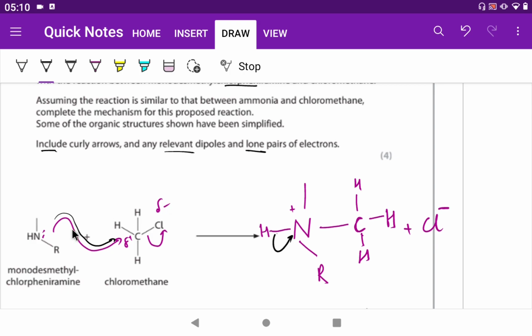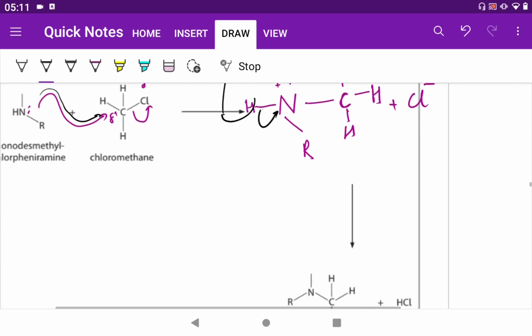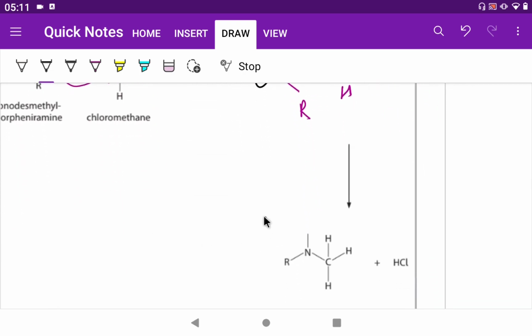When this attack happens, nitrogen forms 4 bonds, therefore 1 plus comes on the nitrogen, and after that this bond is given to nitrogen and H plus is removed. Now this H plus combines with this Cl minus to form HCl, and this product is formed.